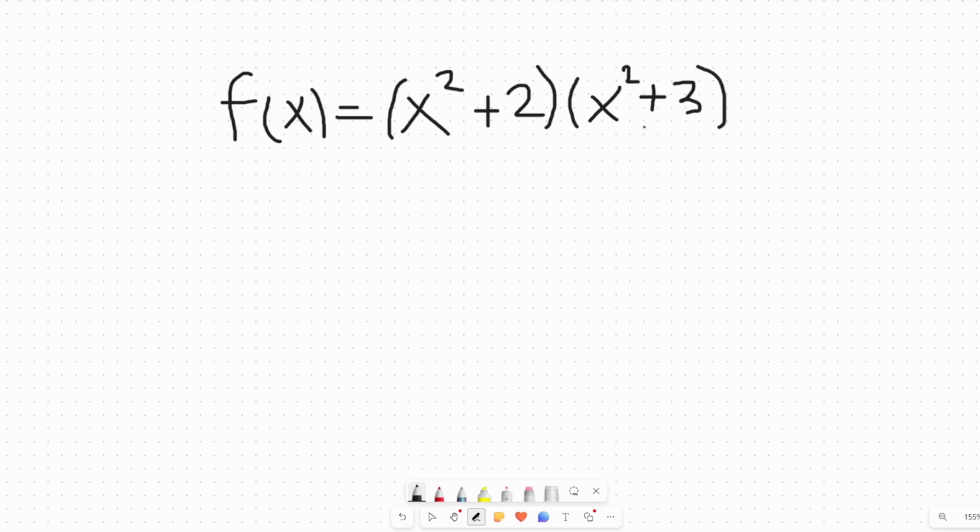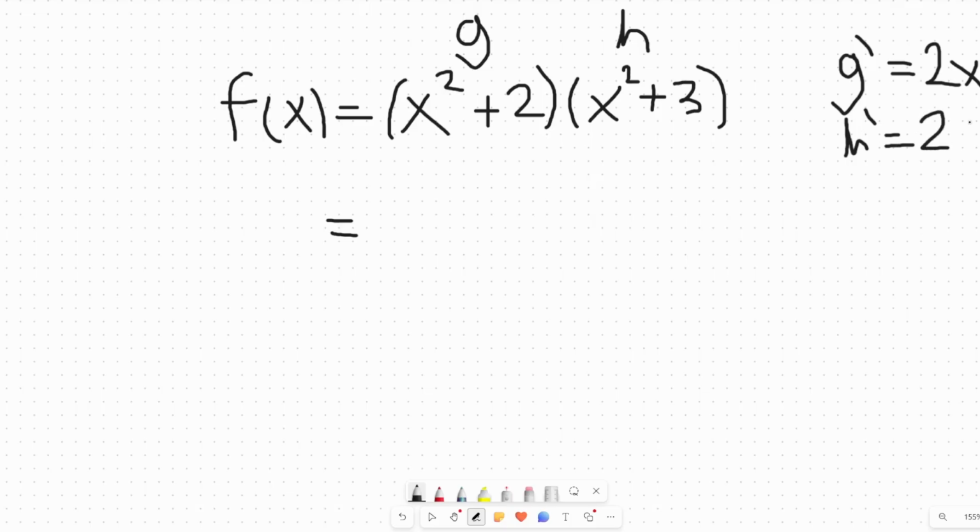So you have your g function and you have your h function. Now what we want to do is get g prime. We'll do it on the side here. g prime is equal to 2x, and h prime is equal to 2x as well.